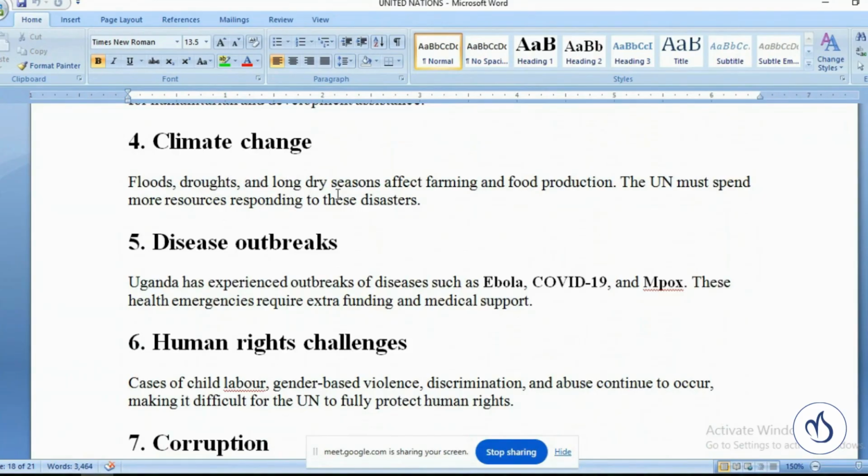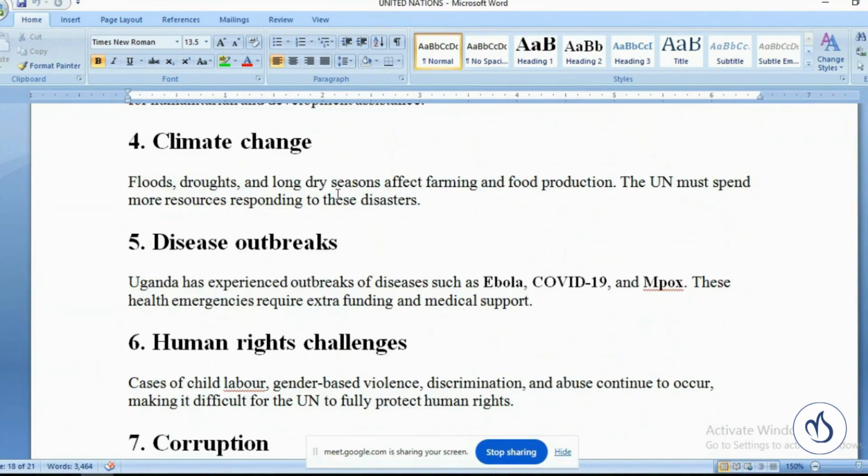And what we call climatic change, the way it affects us in Uganda, does not enable farming. It affects farming and food production. Therefore, the UN spends more resources responding to these disasters.